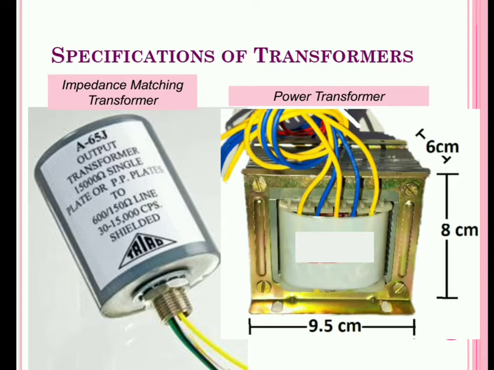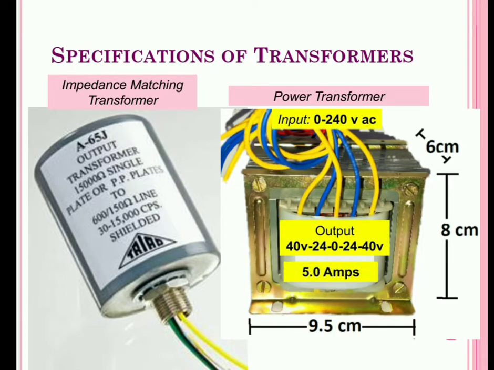This is a normal transformer we come across in power applications. Here you can see that the size is pretty big, about 20 centimeters, a larger one which is a center tap transformer. As I told you, the first one is an impedance matching transformer. The next one on the right side, with many wires, is a power transformer. Let us see its rating. The input is 0 to 24 volts.